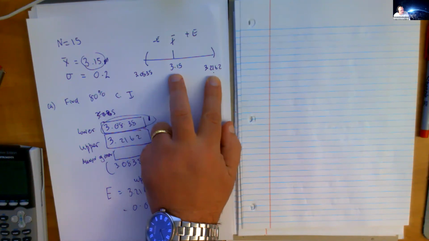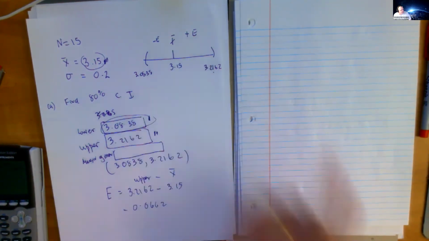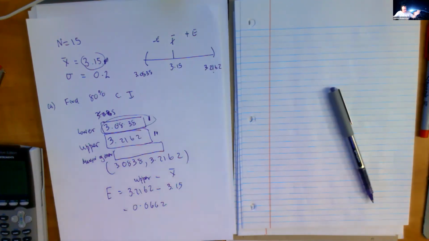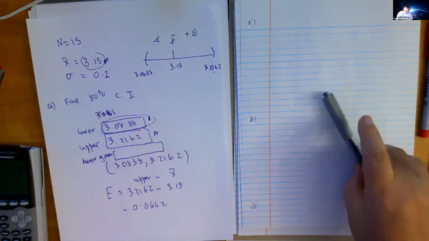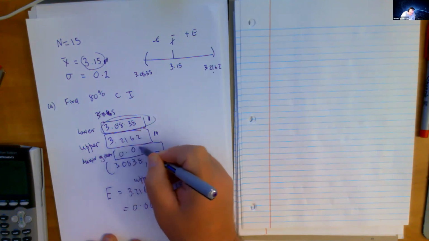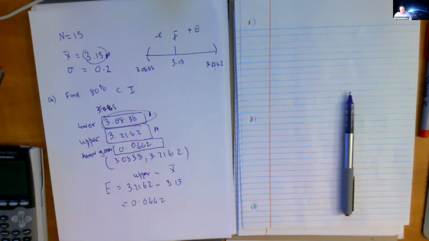Does that make sense? It's the middle, plus or minus, to get to the two outsides. I know the middle and I know the outside, so that's what the difference is. So there is your margin of error, 0.0662. Are we okay with that?